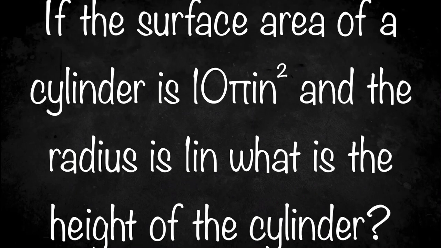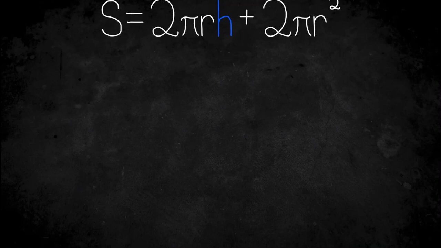Now for our last problem, if the surface area of a cylinder is 10 pi inches squared and the radius is 1 inch, what is the height of the cylinder? Okay, so again, we have this formula where S equals 2 pi r h plus 2 pi r squared.